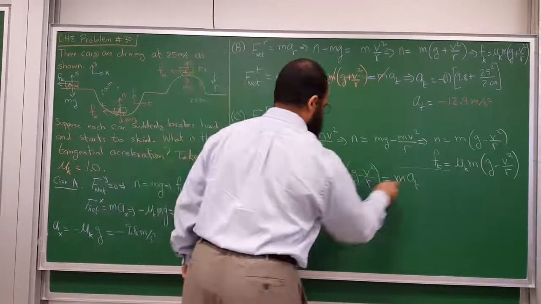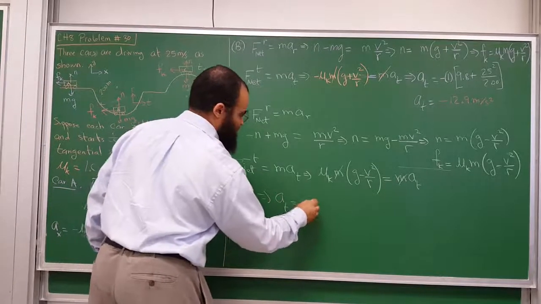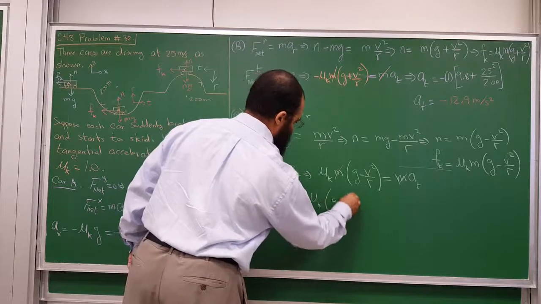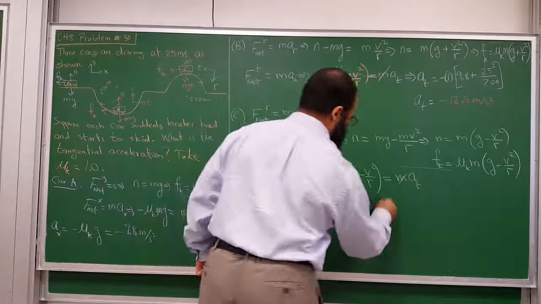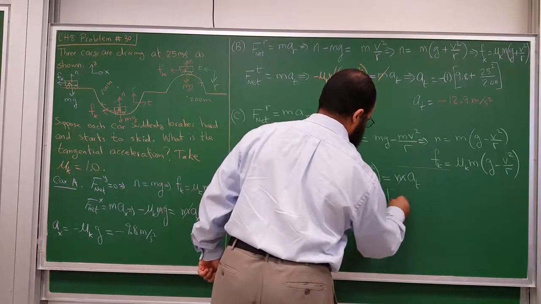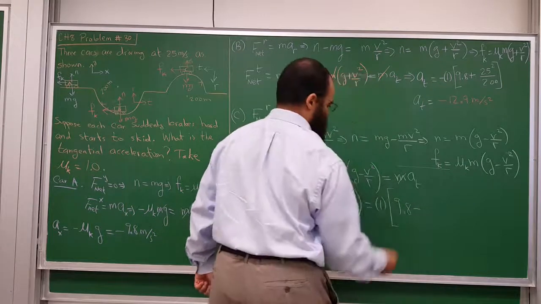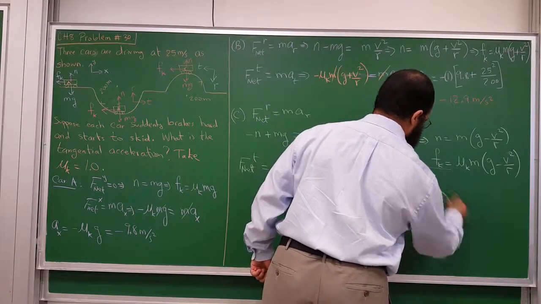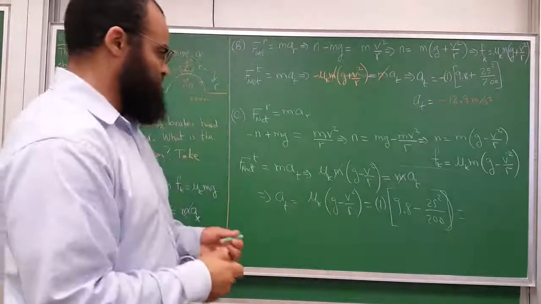The mass cancels, and so the acceleration in the tangential direction will be mu k times g minus v squared divided by r, and mu k is 1, g is 9.8, minus v squared over r, that's 25 squared divided by r, the radius of the circle, which is 200.